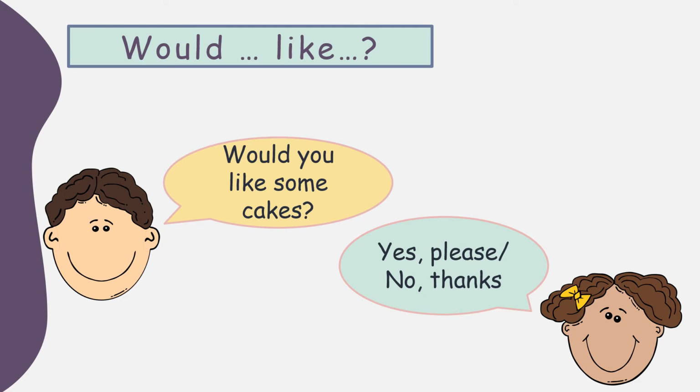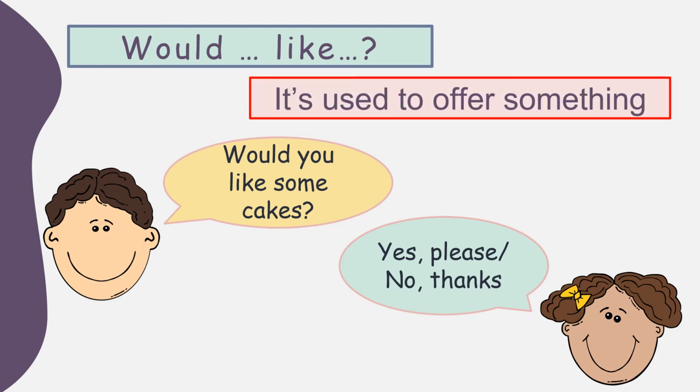Would like, when we use it for a question, is used to offer something. Offer means menawarkan. We use it to offer something to somebody. So the rule is simple like this. Would, and then followed by the subject, and then like, and then you put the thing that you would like to offer.